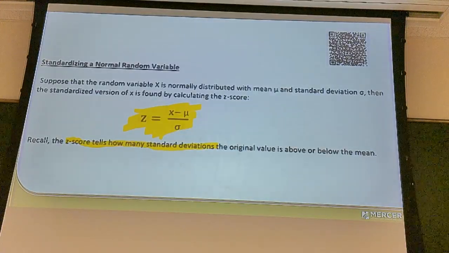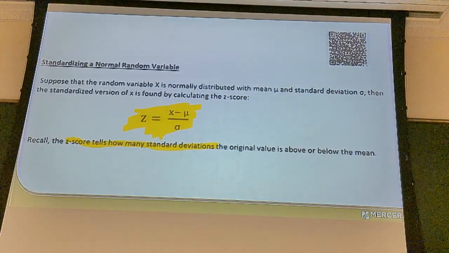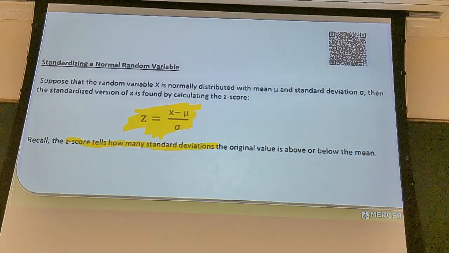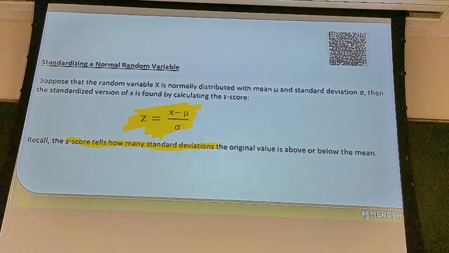A z-score measures how many standard deviations away from the mean you are. A z-score of positive 1 is 1 standard deviation above the mean. A negative z-score would mean you're below the mean, so negative 1 would be 1 standard deviation below the mean.